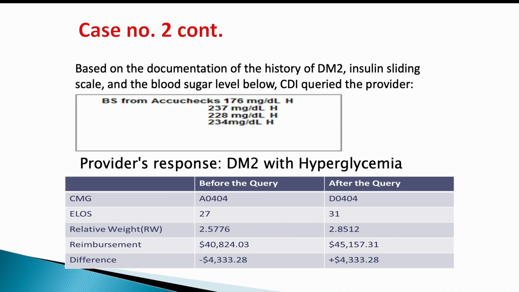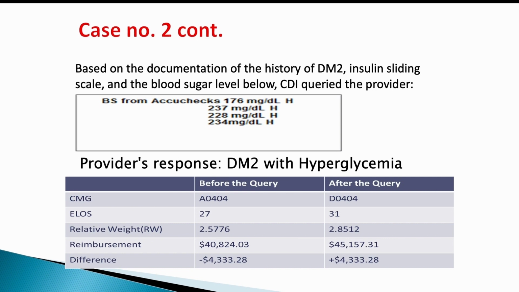CMG before query is A0404, after query is D0404. ELOS before query is 27 and after query is 31. Relative weight before query is 2.5776 and after query is 2.8512.